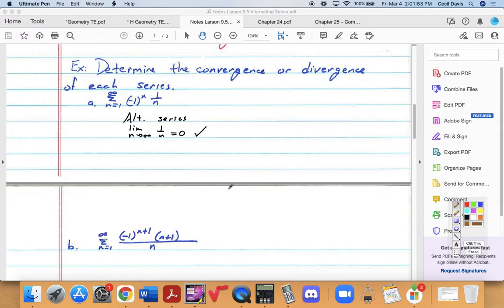Check. Is 1 over n plus 1 less than or equal to 1 over n for all n? Check. This series converges.